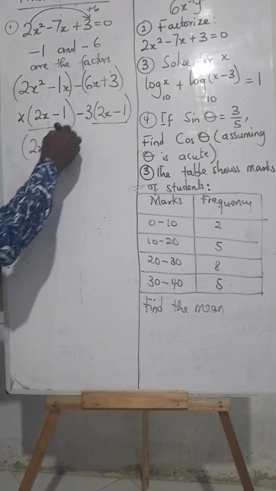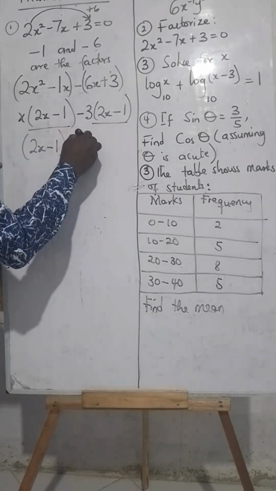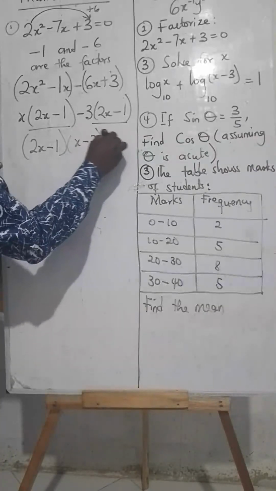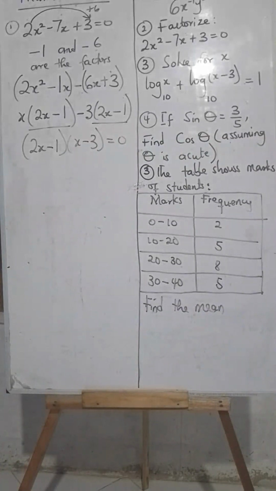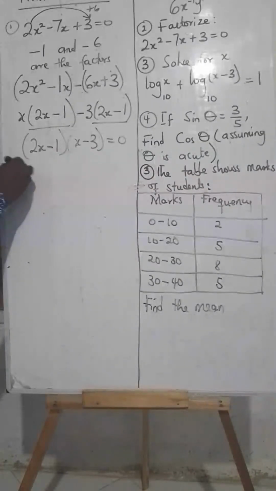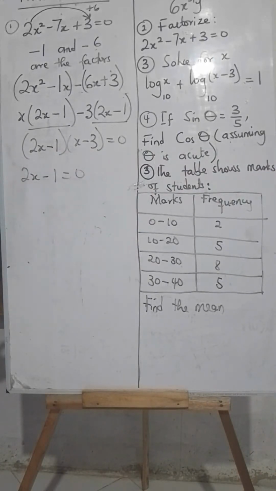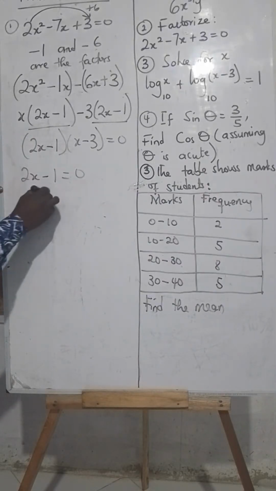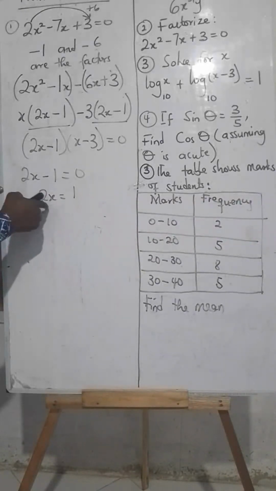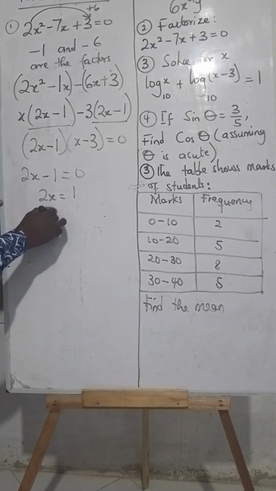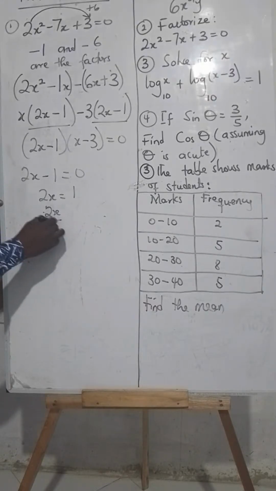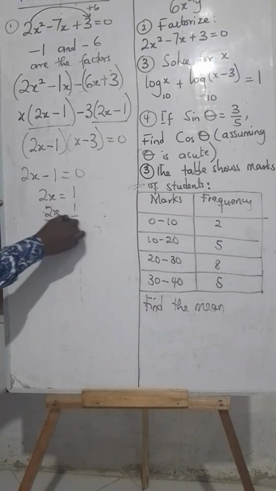Then we have x minus 3. So all this is equal to what? 0. So here I have to factorize and solve. We have 2x minus 1 equals 0. So to solve this particular one, we have 2x equals 1. Then divide through by the coefficients, 2x on 2, 1 on 2.